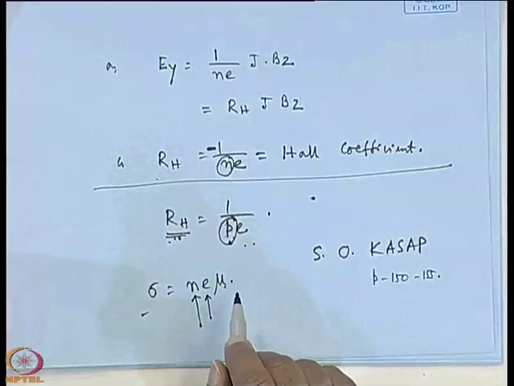So, that means from a semiconductor piece you can determine all the parameters: the resistivity, carrier concentration, mobility and type of conductivity. Those 4 things are the basic characteristics of an electronic material.